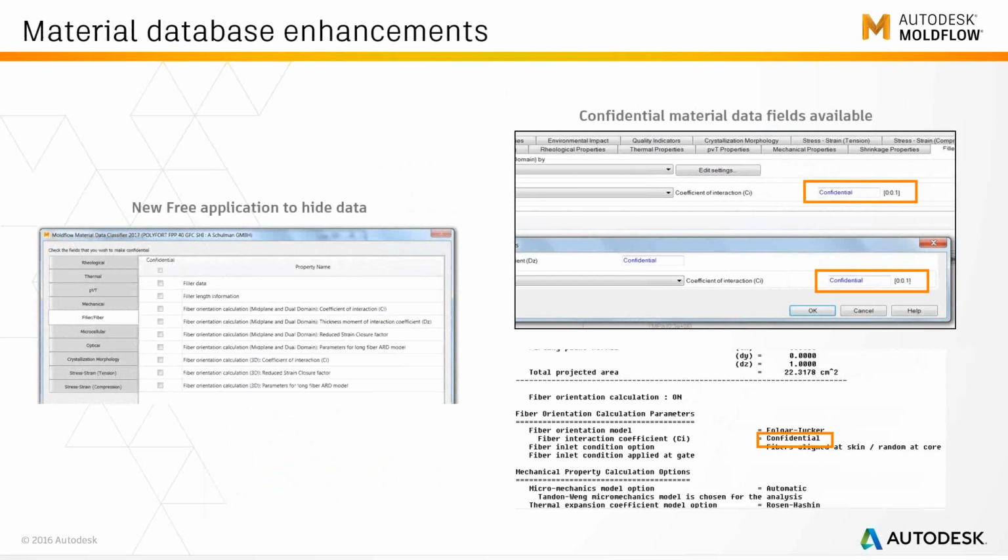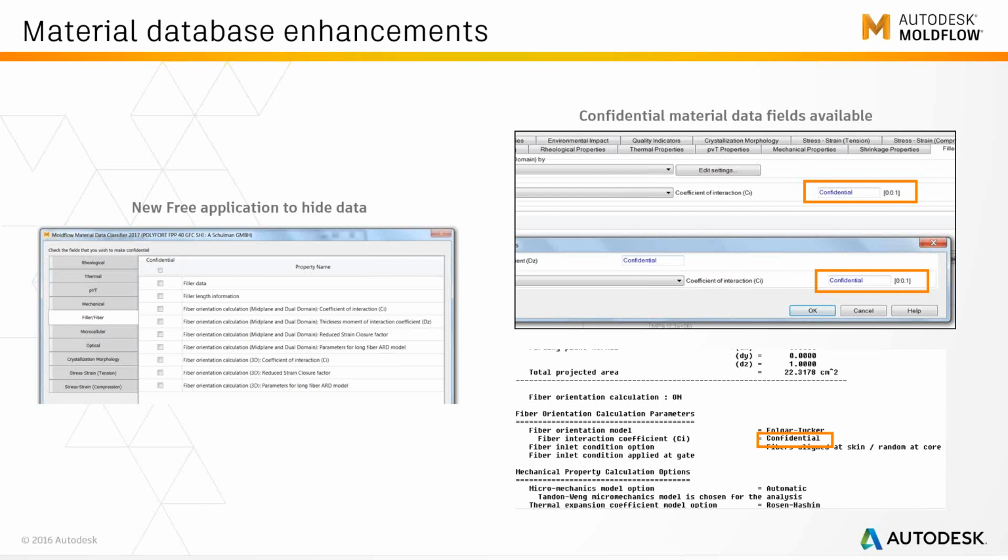I mentioned earlier that the fiber orientation parameters moved from the solver parameters to the material data, the UDB files. With that also comes the capability of making some of these data sets confidential.